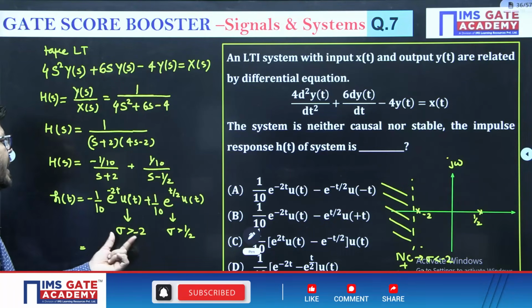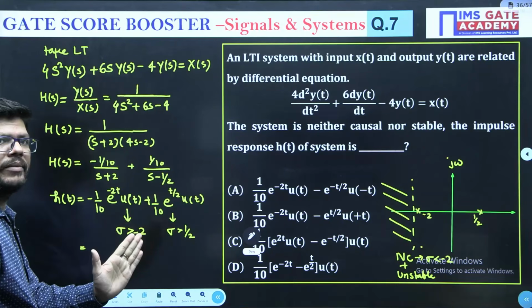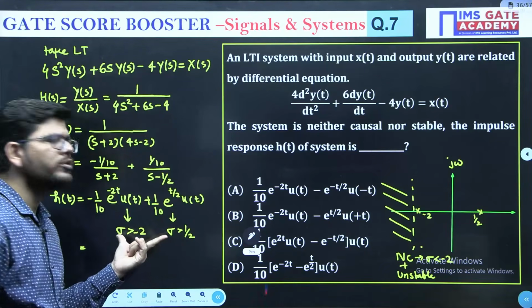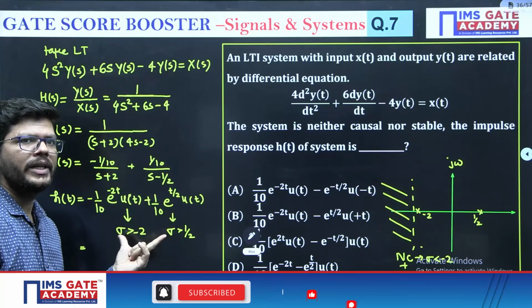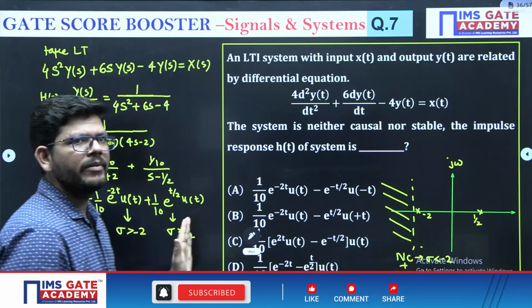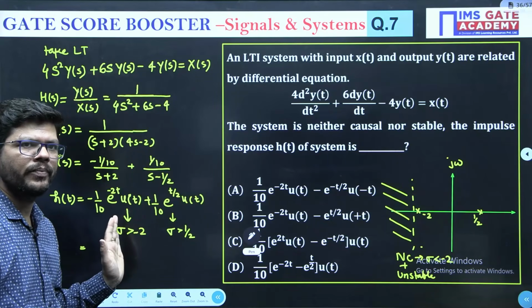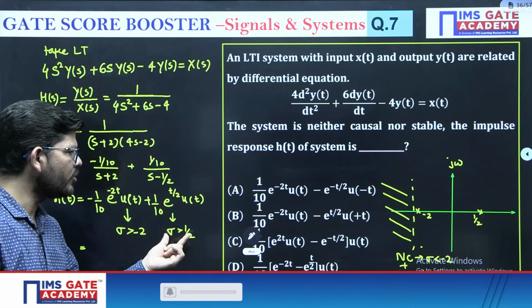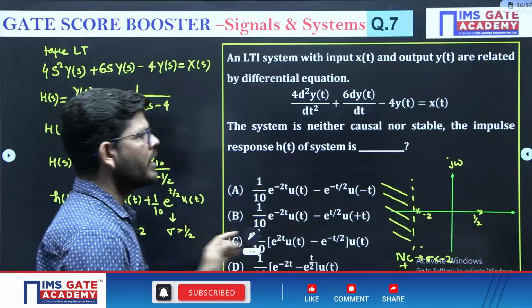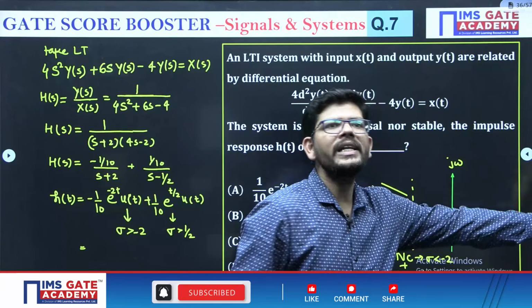So see, it is sigma greater than minus 2 here and sigma greater than 1/2 there. So if you have to choose one ROC, what ROC will you choose? Normally, you will choose sigma greater than 1/2, because if it is sigma greater than 1/2, then it is already greater than minus 2. Right? So right now the ROC is sigma greater than 1/2. Right now it is completely right-sided.